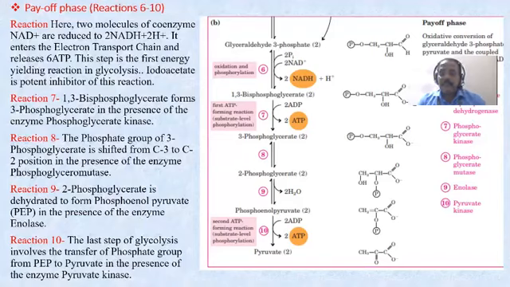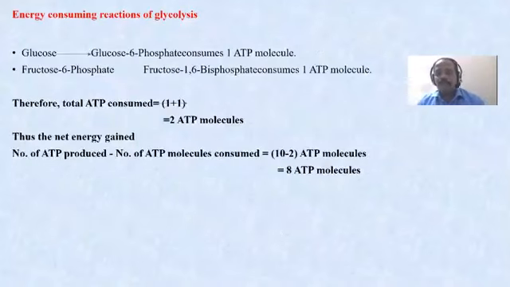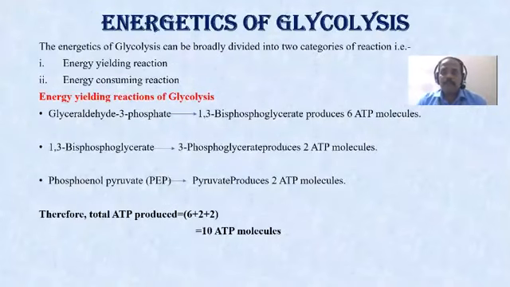Again it is an example of substrate level phosphorylation, where 2 ADP get phosphorylated, resulting in the release of ATP. So from reaction 6 to reaction 10, all these reactions of glycolysis can be considered the payoff phase.